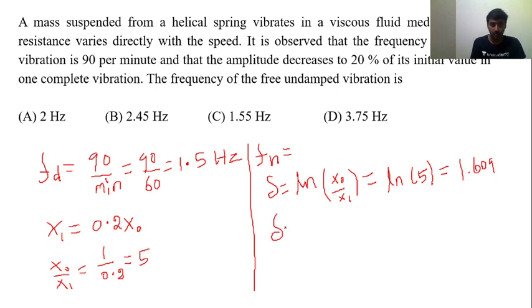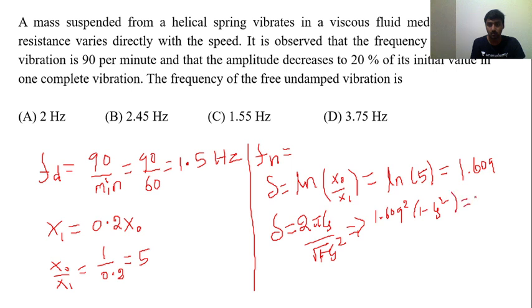We know that delta is equal to 2 pi zeta divided by root of 1 minus zeta square. Cross multiplying and squaring, 1.609 squared into 1 minus zeta square is equal to 4 pi square into zeta square.